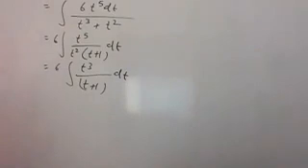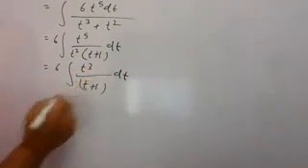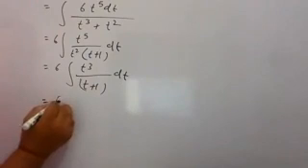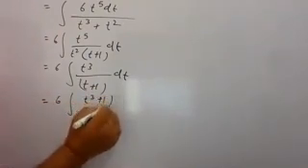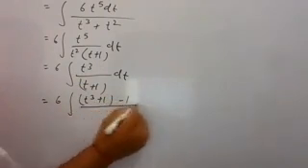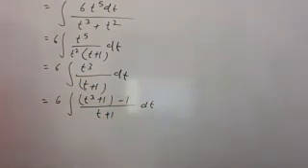For that, you add 1 and subtract 1 in the numerator, so you have 6 into t cube plus 1 minus 1 whole divided by t plus 1 dt.